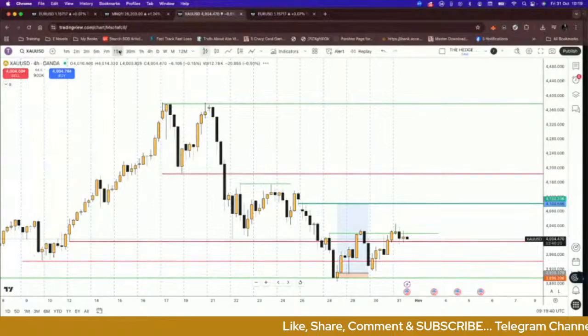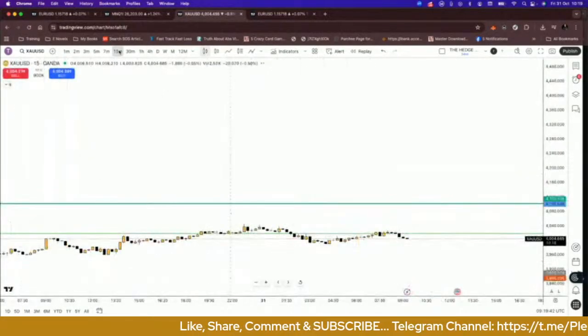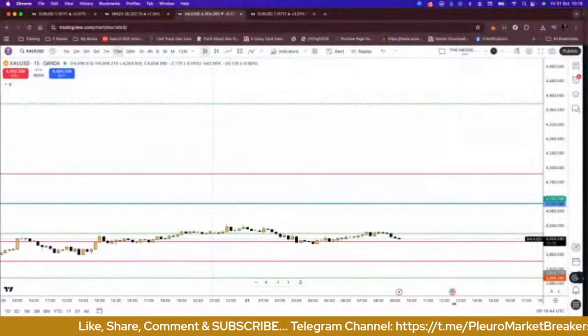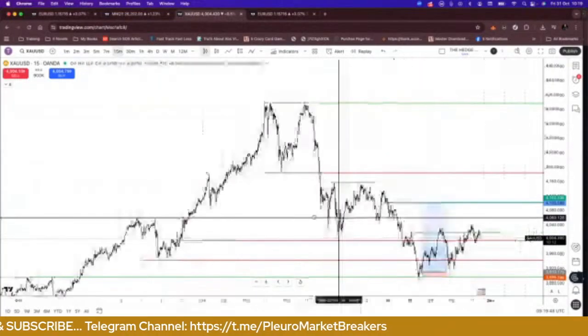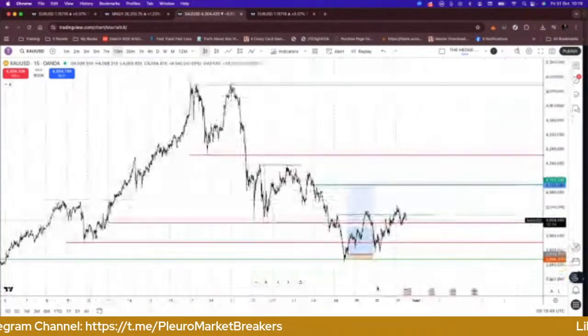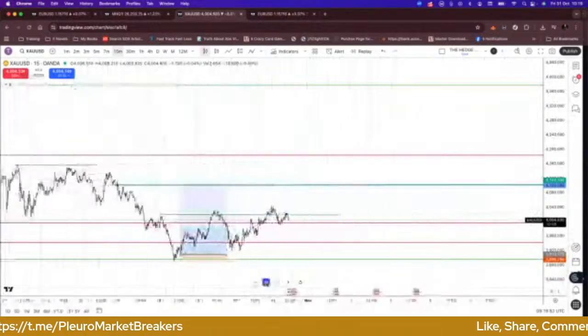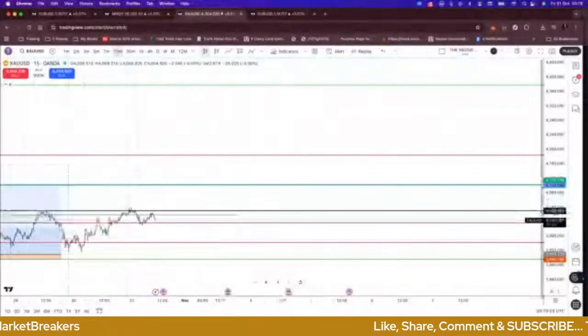Now, of course, we now have to execute that trade in a means that makes sense for us without risk to reward and other things. So this is how I would be looking at it.